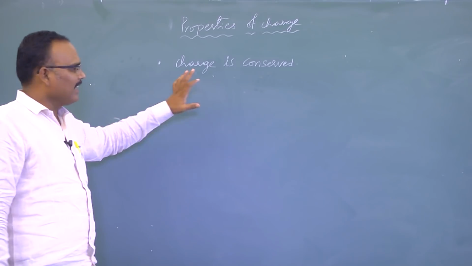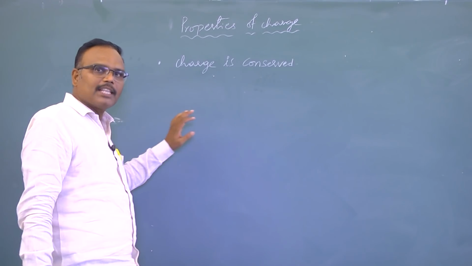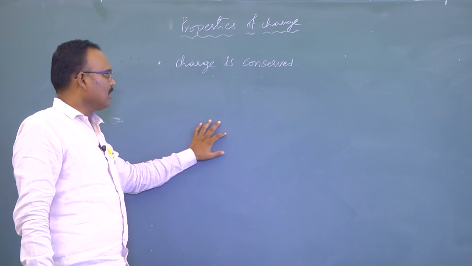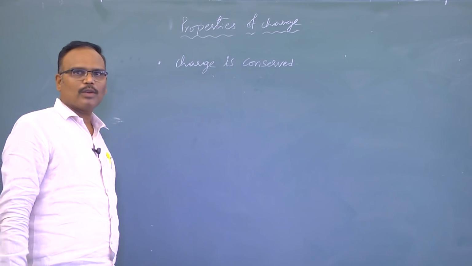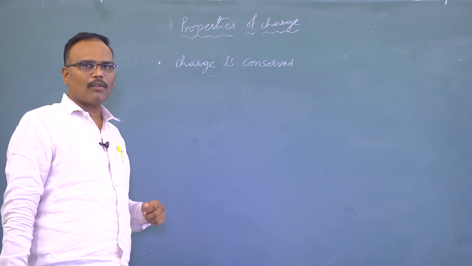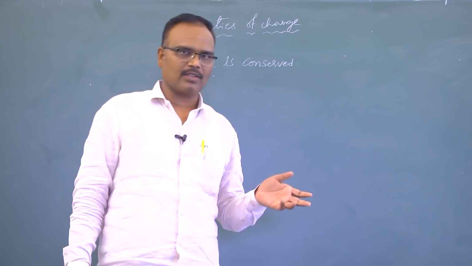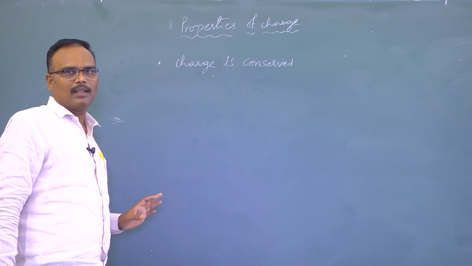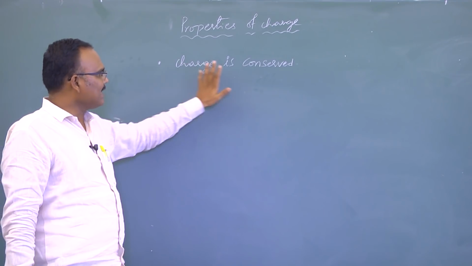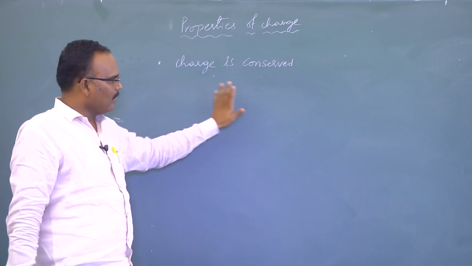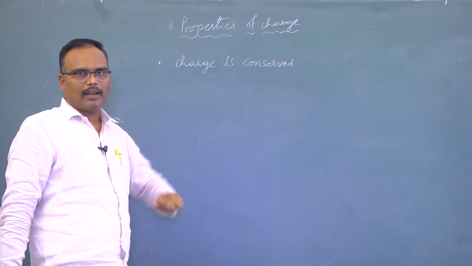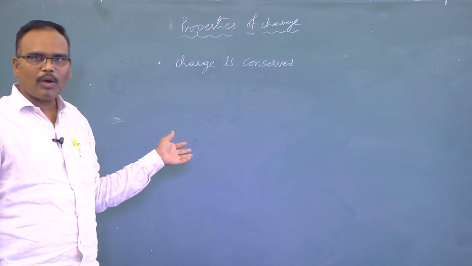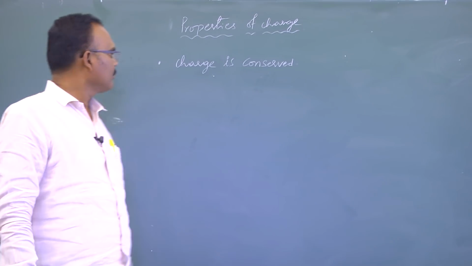That means the entire universe is made up of fixed charge. The number of electrons in the universe will never change. The number of protons in the universe will never change, because creating an electron or destroying an electron is impossible. That is the meaning of charge is conserved.